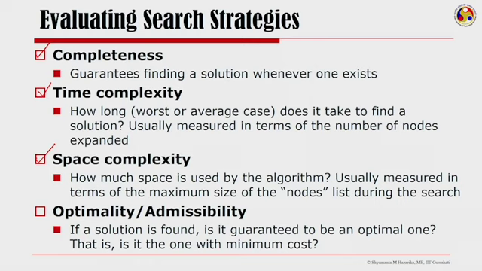If a solution is found, is it guaranteed to be an optimal one, that is, the one with the minimum cost? If that guarantee is there for the given searching technique, then it is said to be optimal. We will now look at these searching techniques and then look at the evaluation of these techniques along these four metrics.